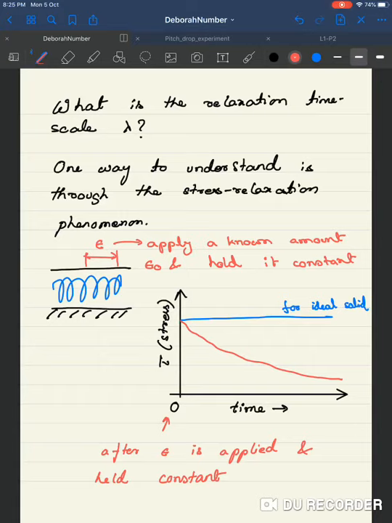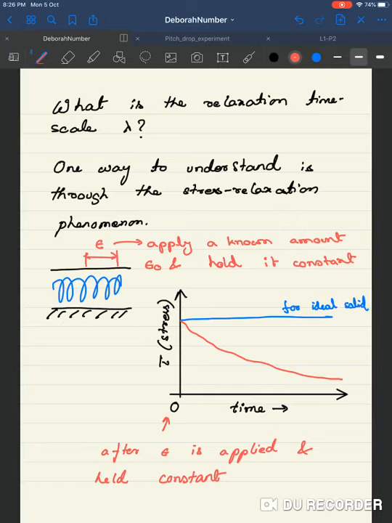Now this decrease with time can be characterized by a certain time scale, and that time scale is called the stress relaxation time scale, or just the relaxation time scale. So the stress in any real system would relax, will decrease with time, and there will be a characteristic time scale involved, and that time scale is called the relaxation time scale.